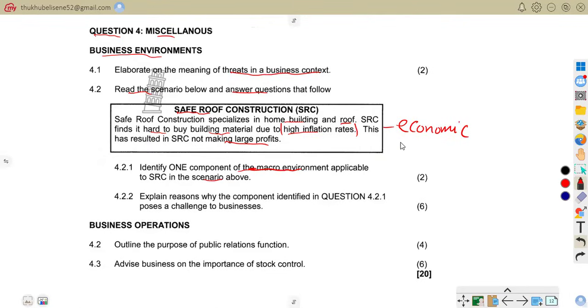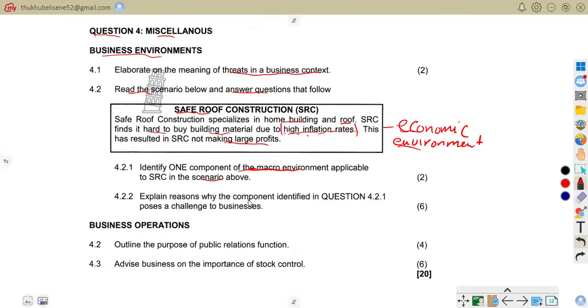As we are asked to identify one component that is applicable to the scenario, it is the economic environment, because we have said Safe Roof Construction finds it hard to buy building materials due to high inflation rates. So that is why it is the economic environment.